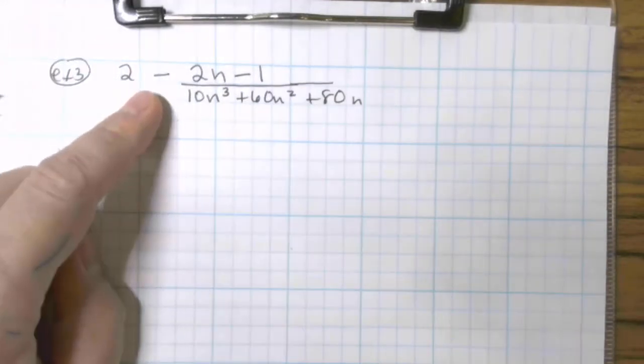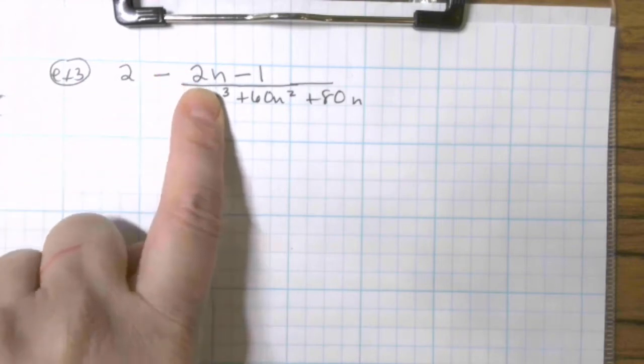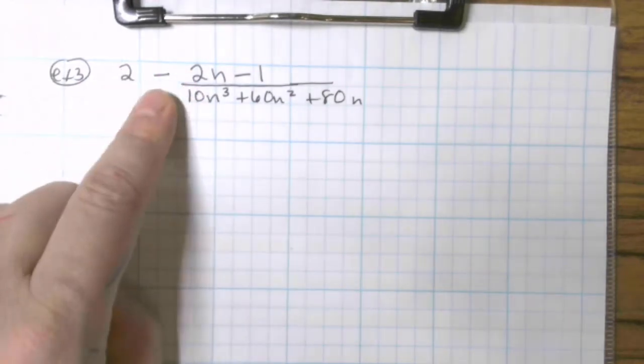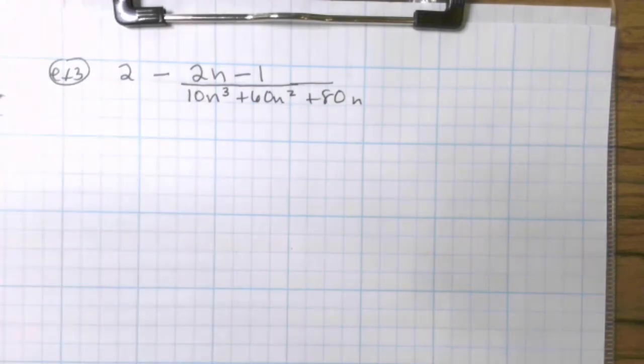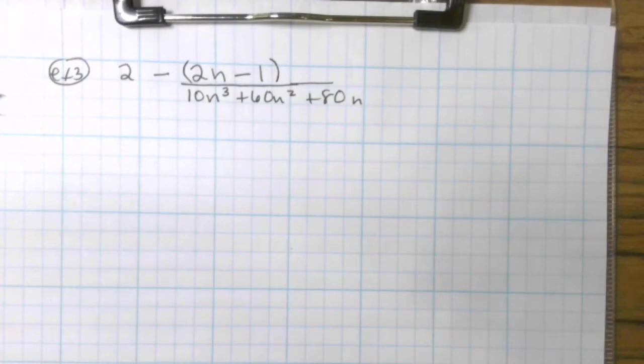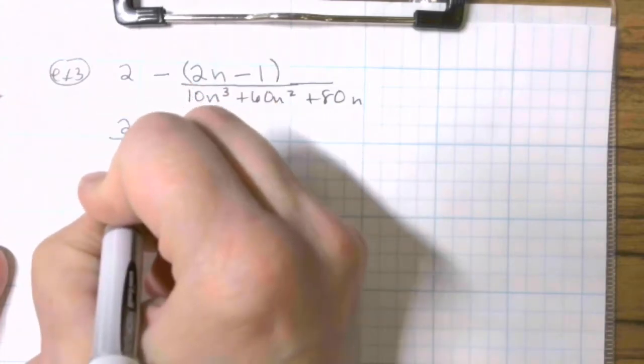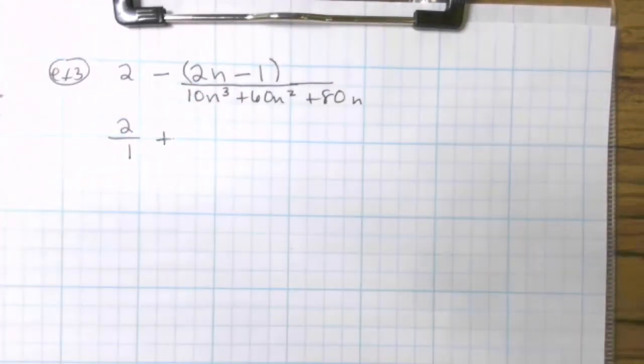The misunderstanding is that that negative only applies to the 2n, when in actuality, if you have a subtraction symbol or a negative in front of a fraction, it actually gets distributed through the entire top. So one of the things you can do to help avoid errors is to go ahead and distribute it and then put a placeholder plus in there.